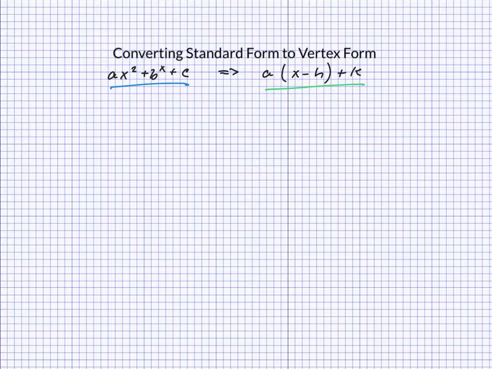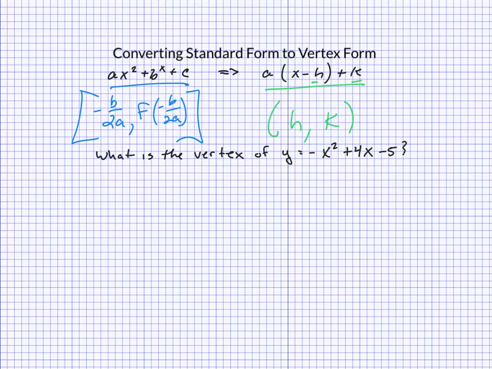We just discussed that the vertex in standard form is going to be negative b over 2a, and then the function notation, or the input, could go ahead to figure out what our vertex form is.